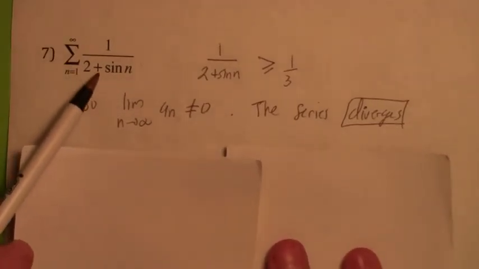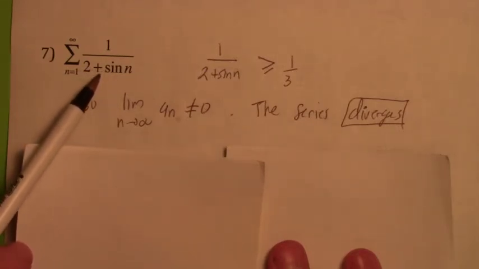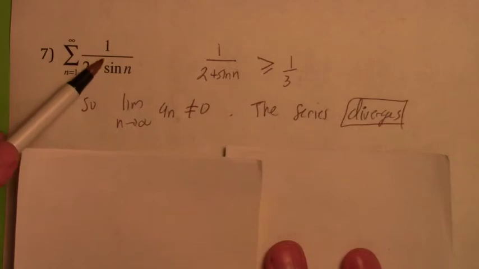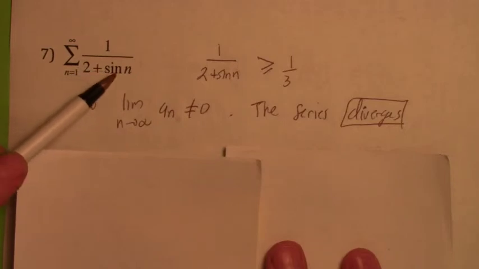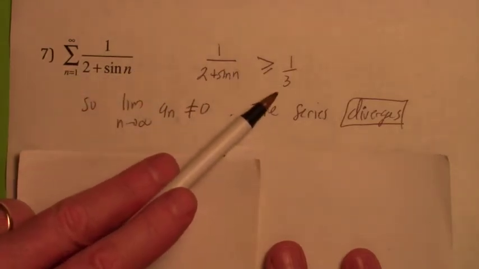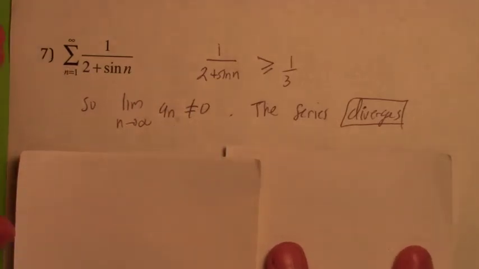Let me see, is that right? Yeah, the smallest this can be is when the denominator is as big as possible. So the biggest the denominator can be is 3. So therefore, this whole thing is always going to be greater than or equal to 1/3. The nth term does not go to 0. It diverges. So look out for this.